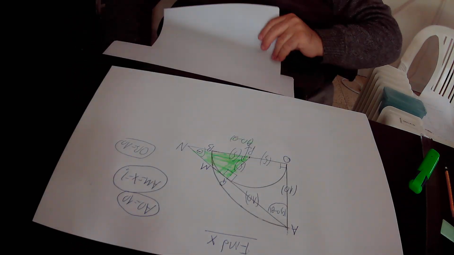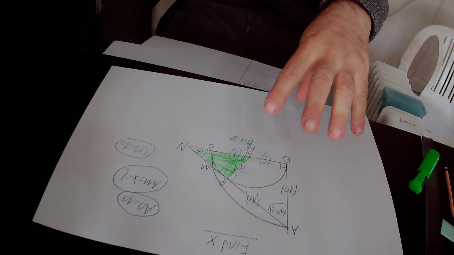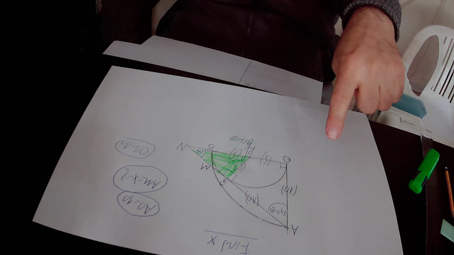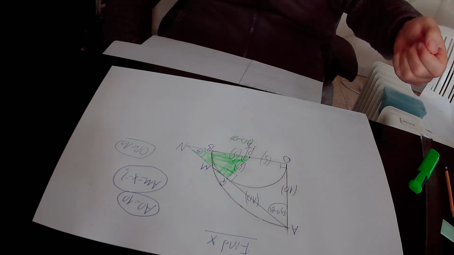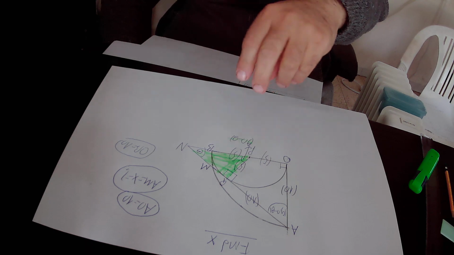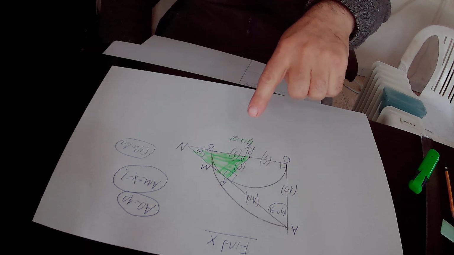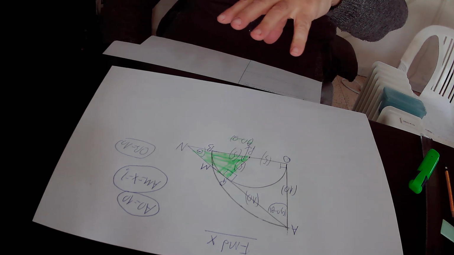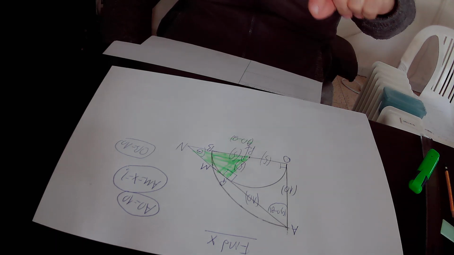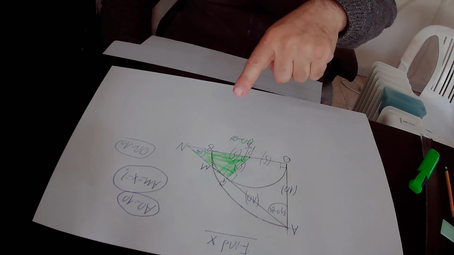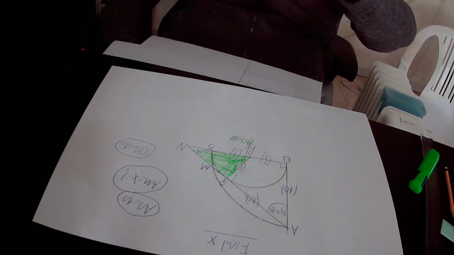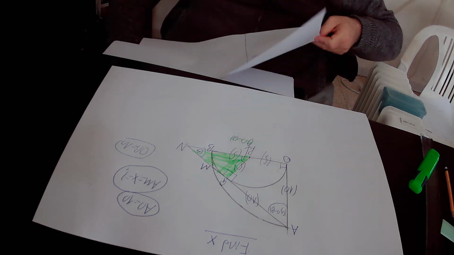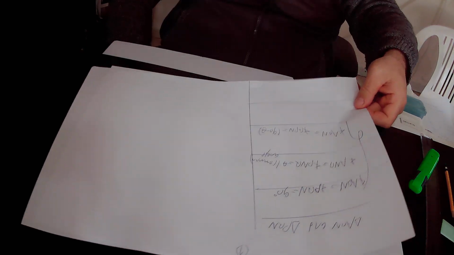So I actually proved that all three angles in the big right triangle AON are correspondingly equal to all three angles in the small green right triangle PQN. Therefore, we proved that triangle AON is similar to triangle PQN according to the angle similarity rule. So I write it down.